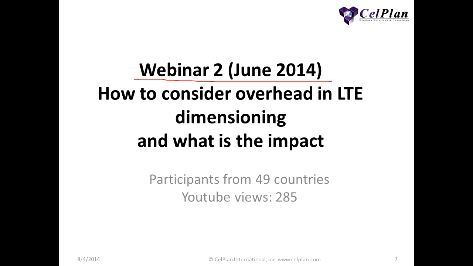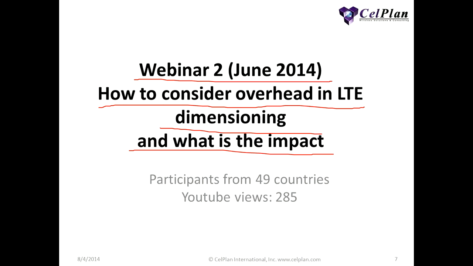Then the second webinar was in June 2014, how to consider overhead. Very, very important, and how to dimension the overhead. 49 countries, 285 views, and that's not counting people that download directly from our website. Basically, in this case, we calculate what is the amount of overhead that we will have in the LTE cell.